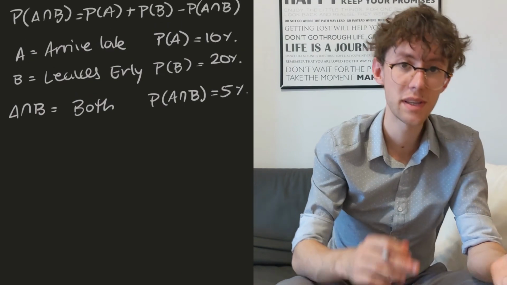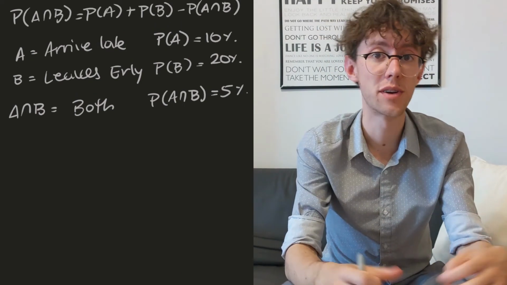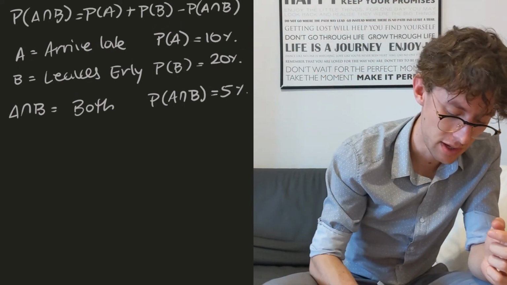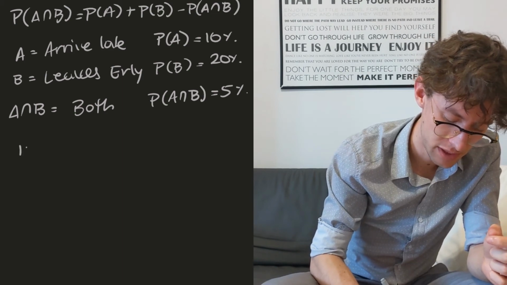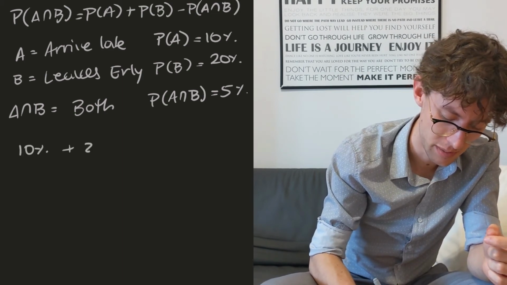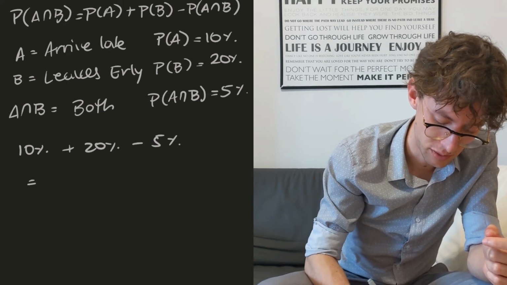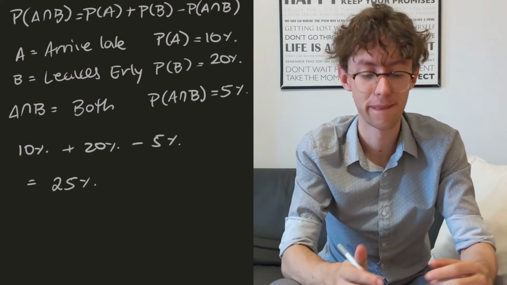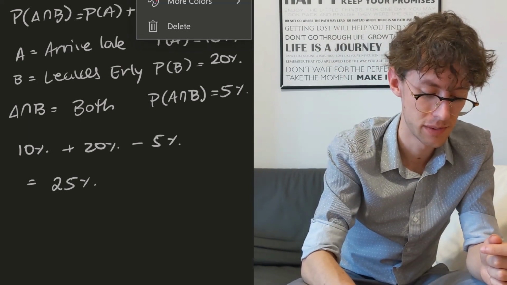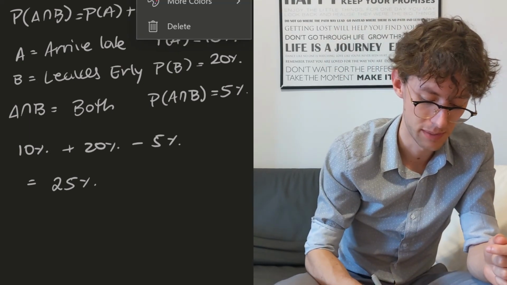And so the probability that he will either arrive late or leave early or both on any given day will be equal to 10% plus 20% minus 5%, which is equal to 25%. And this will be the answer for this problem.